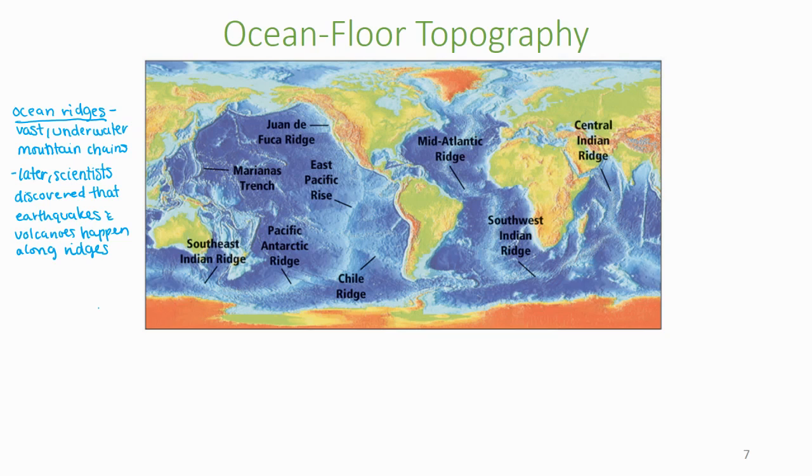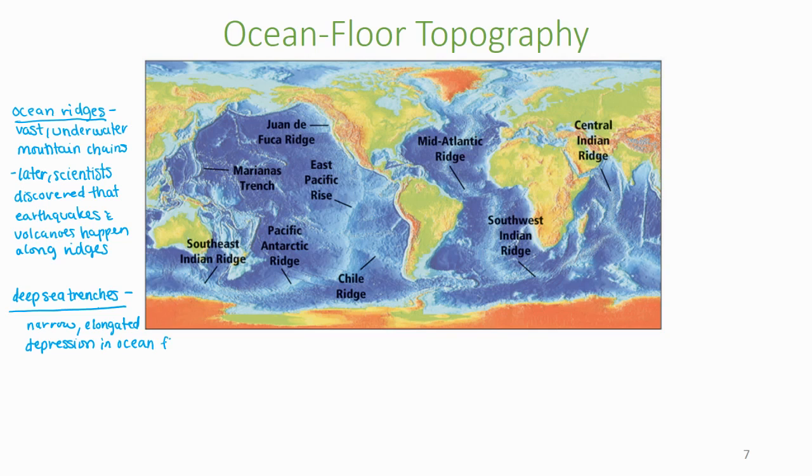The maps generated by sonar data also revealed that underwater mountain chains had counterparts called deep sea trenches. These deep sea trenches are narrow, elongated depressions in the ocean floor.